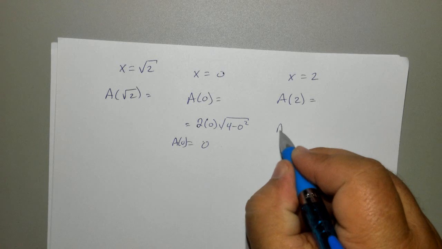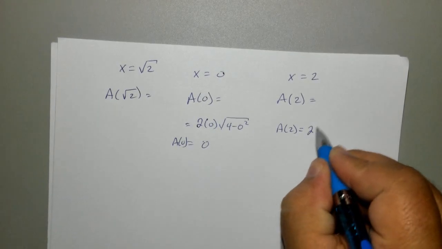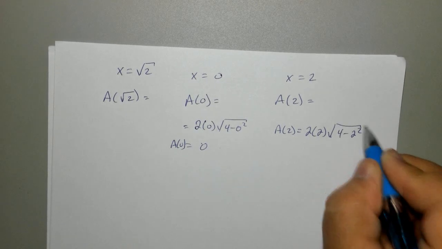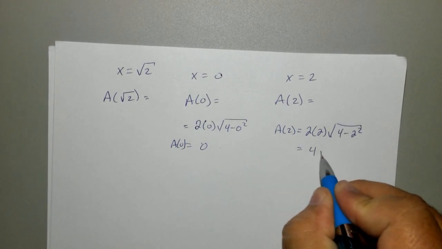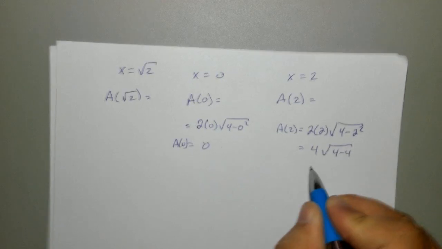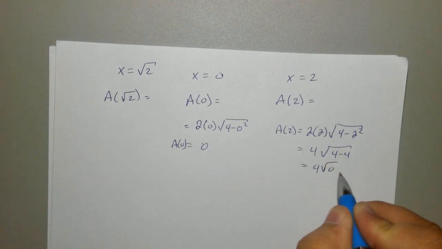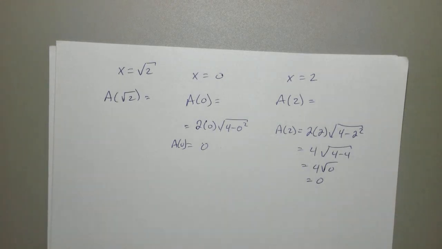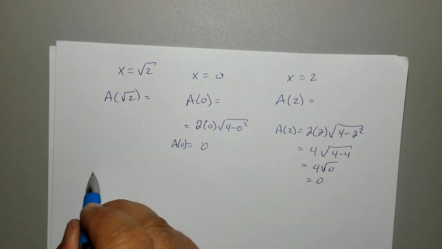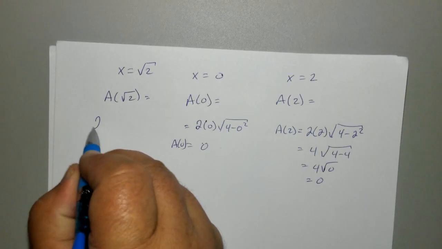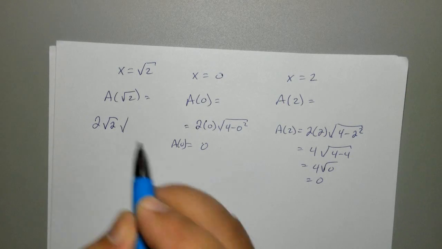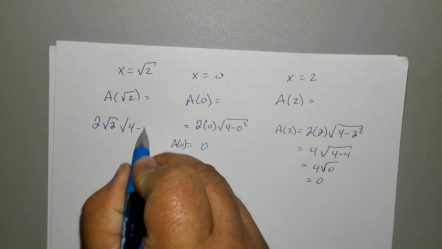At 2, 2 times 2, 4 minus 2 squared, 4 times radical 4 minus 4, radical 0 is 0. So then we're hoping now that our intermediary point will be the saving grace.